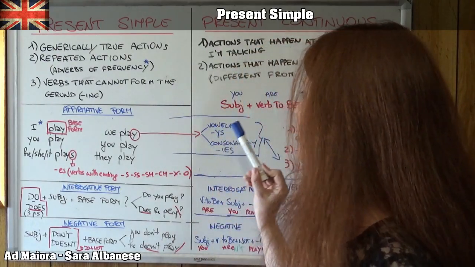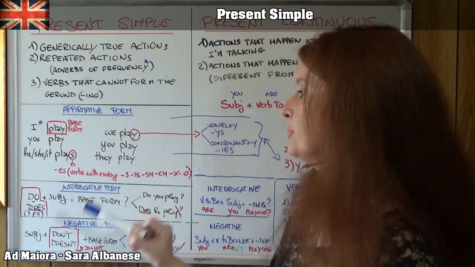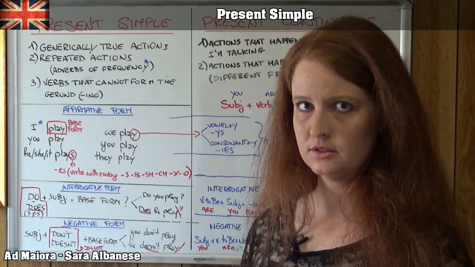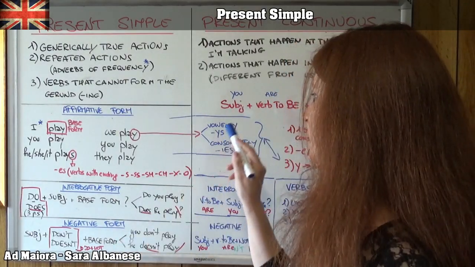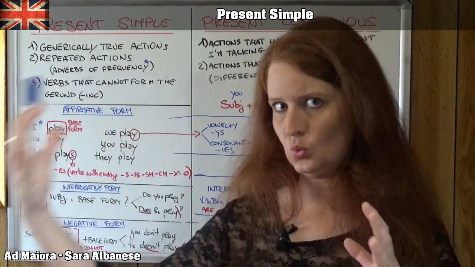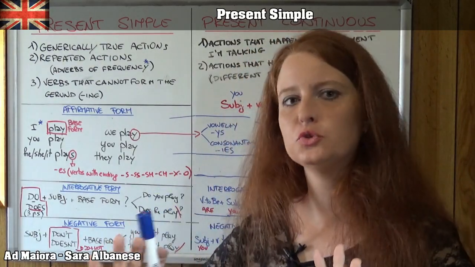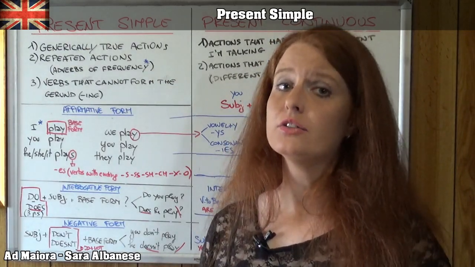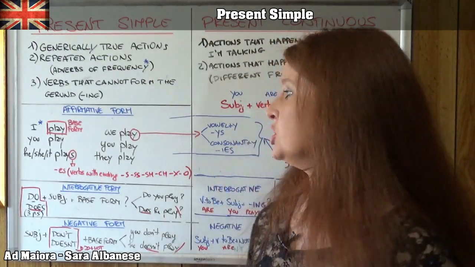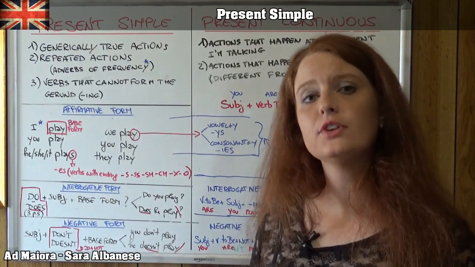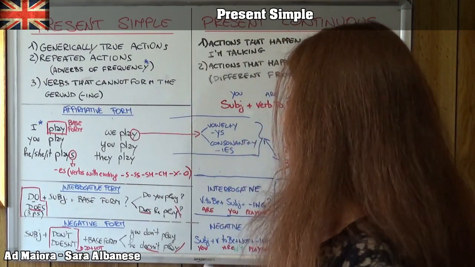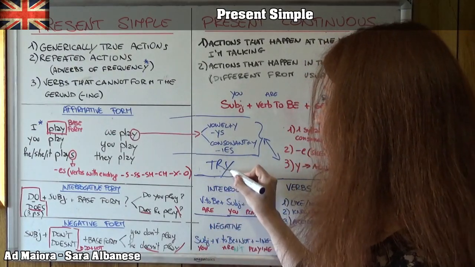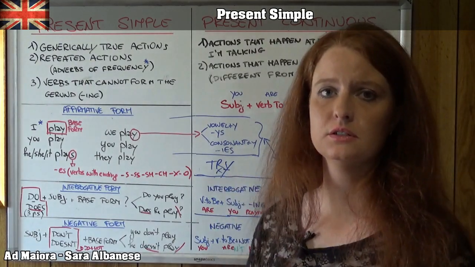Why? Because before the Y, I've got a vowel, the A in this case. In all these cases, when I have a vowel and Y, I just put my S without changing anything. But there are other situations in which before the Y, I've got a consonant, like, for example, the verb try.